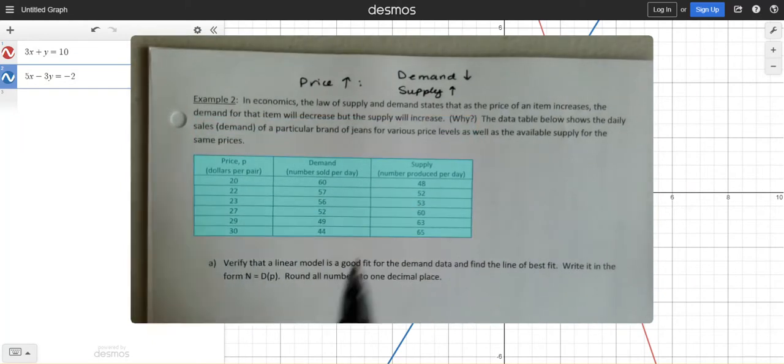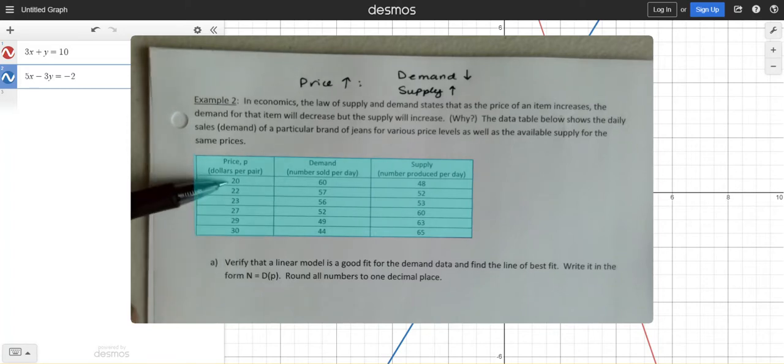All right, we're seeing that law of supply and demand down here in this data table. It shows the sales, or in other words, the demand, for a particular brand of jeans for various price levels, as well as the available supply for the same prices.